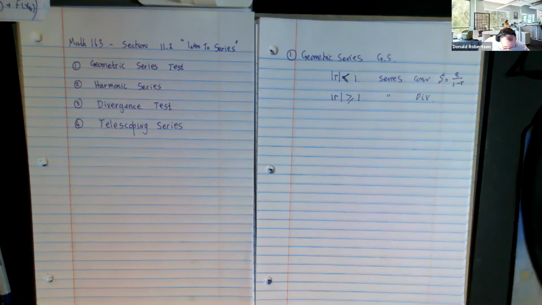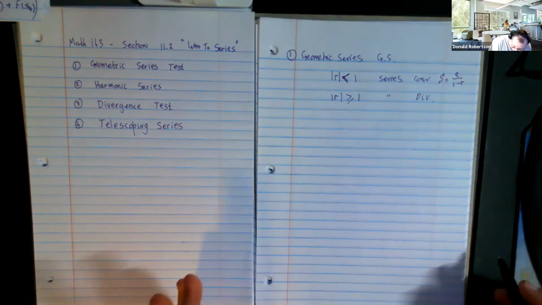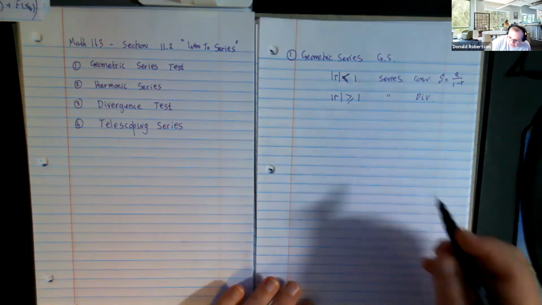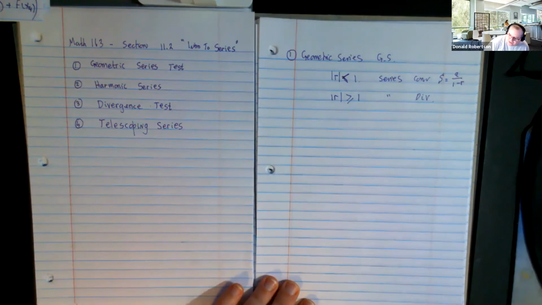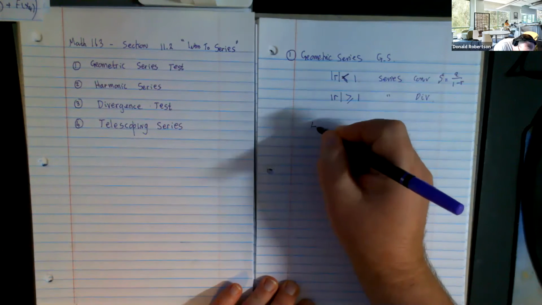Now, you can be given geometric series questions in a number of ways, so I'm going to try and cover each one of them again. First way is they'll tell you it's a geometric series, so you don't need to worry about is it one. They'll tell you the geometric series, and then off they go. So here is a geometric series.